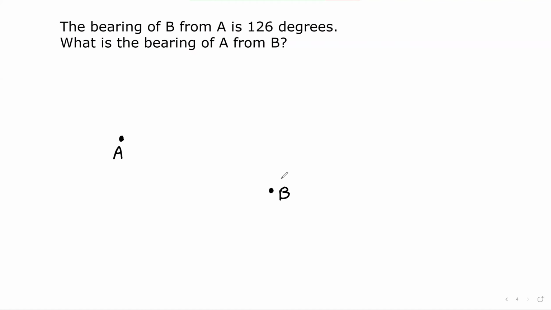So let's say this is B. So my bearing of B from A, well, you have your line connecting AB, and your north line goes at A because it is the starting point, right? It's the bearing of B from A. So whatever it's from is where you put your north line. So this is my north line, 126 degrees. This is where it will be.